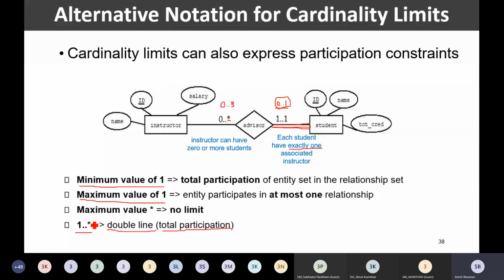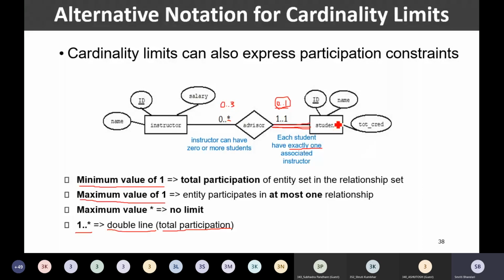We may say that it is total participation. Okay, so 1 is to 1, total participation, 1 is to star, total participation, 1 is to 5, total participation. So if the minimum cardinality is 1, then definitely it is total participation, right?